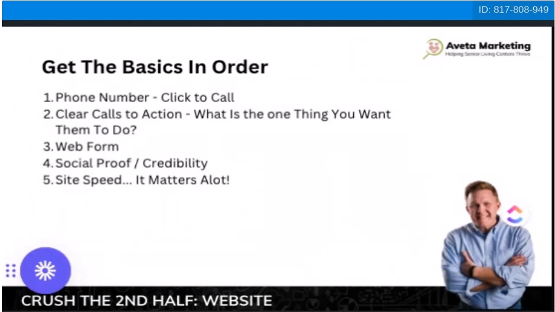The second one is a good, clear call to action. What is it that you want the people visiting to do? Many times it is call us, but you could also use schedule a tour or book a tour. That could be your main call to action. And when I say main call to action, I want it to follow them along.